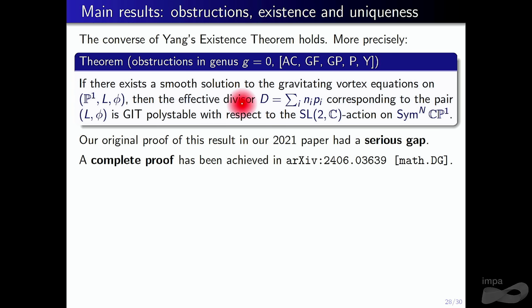If there are solutions to the gravitating vortex equations, then the effective divisor corresponding to the line bundle and the Higgs field must be polystable as a point in the symmetric power of CP1 in the usual GIT sense.